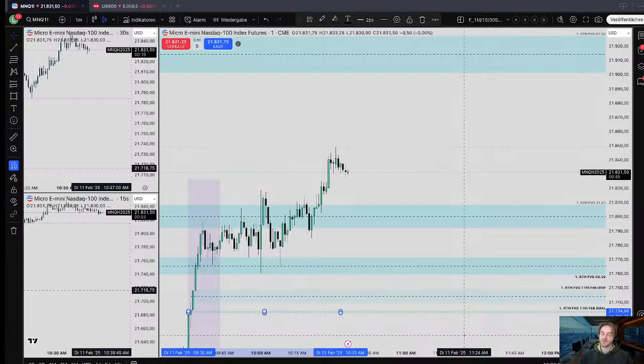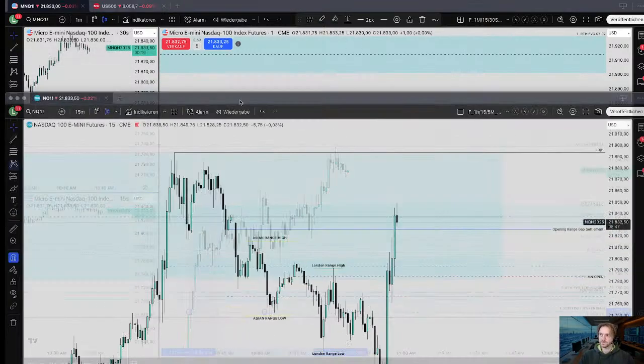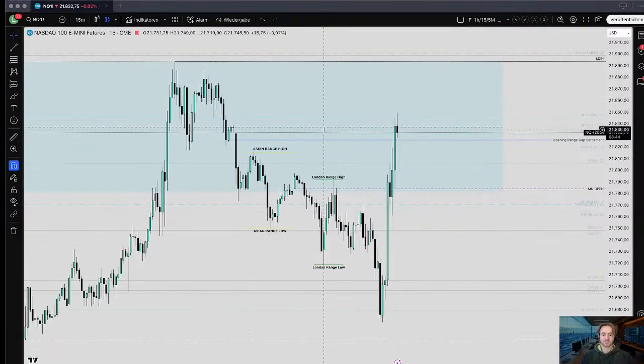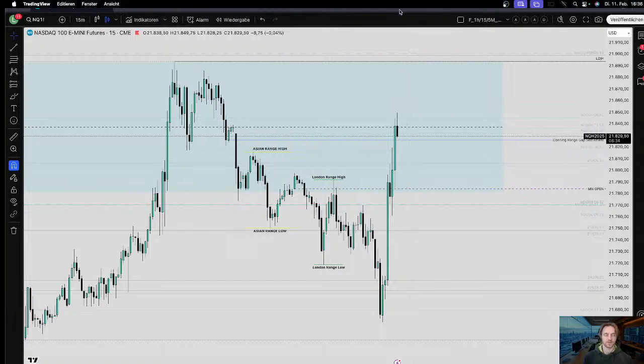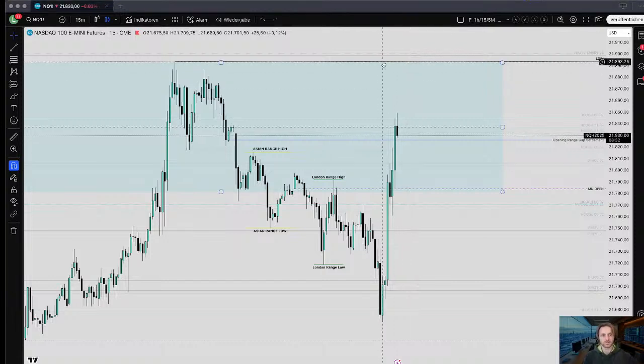Right now we're going down to the, let's take this one in focus. We're going down to the opening range gap settlement again. So you see, I wanted to see it go up there.